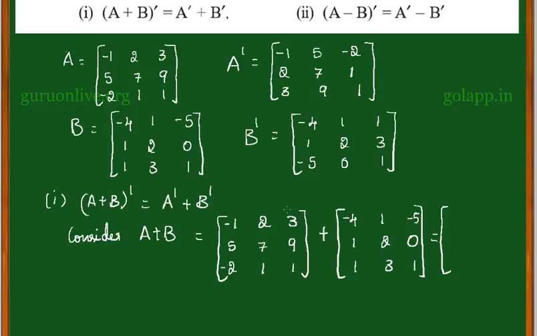So the result will be, the first element we have minus 1, corresponding element is minus 4, so minus 1 plus minus 4 will be minus 5. Second element is 2, corresponding element is 1, so 2 plus 1 is 3. Third element is 3, corresponding element is minus 5, so 3 plus of minus 5 is minus 2.